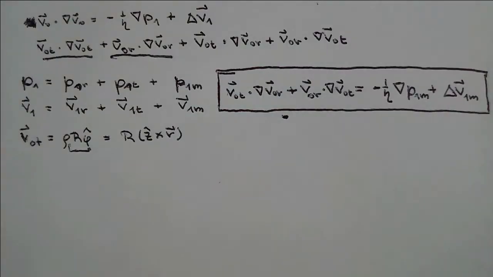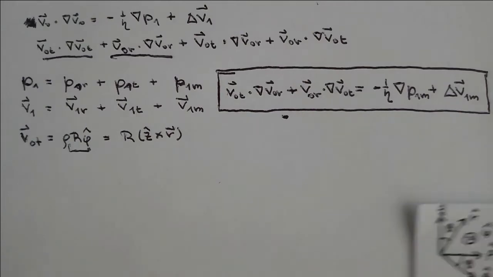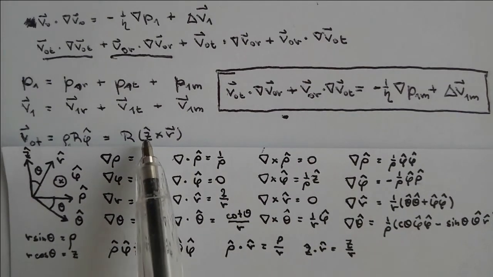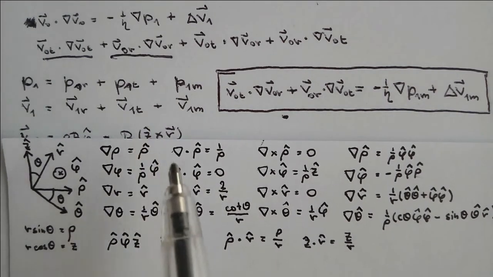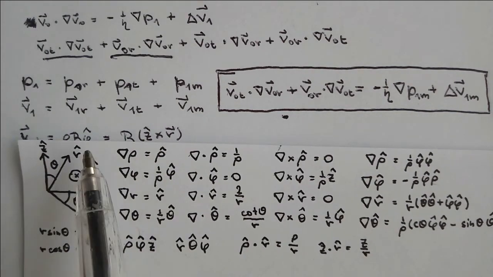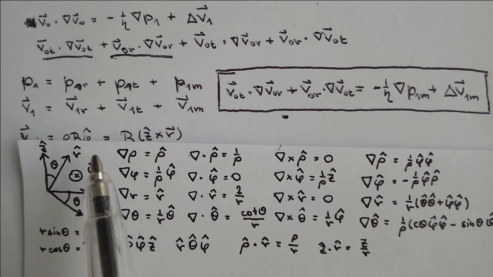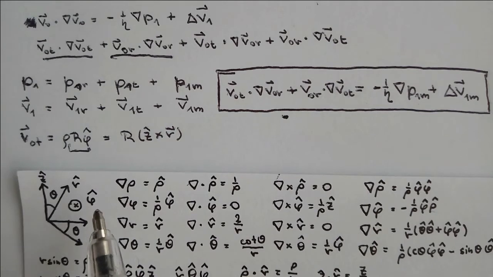This is the position vector. Why? It's very easy to do, because in our table over here, z cross product r is going to be r sine theta times phi hat, and I think it is in this way.